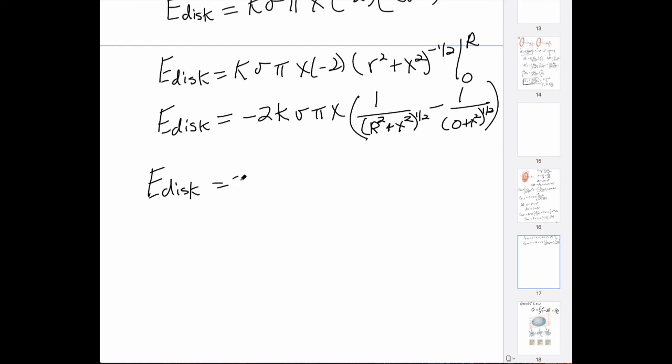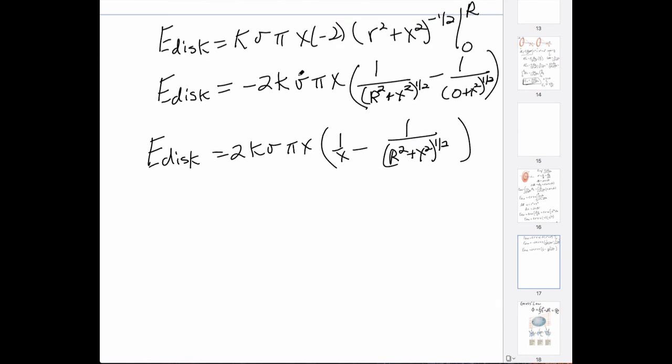So this whole thing is now 2k sigma pi x, and then I've got 1 over x minus 1 over R squared plus x squared all to the 1/2 power. So that's what the negative did.